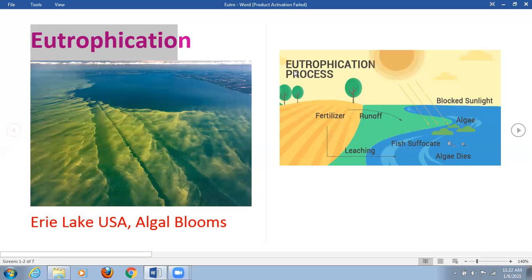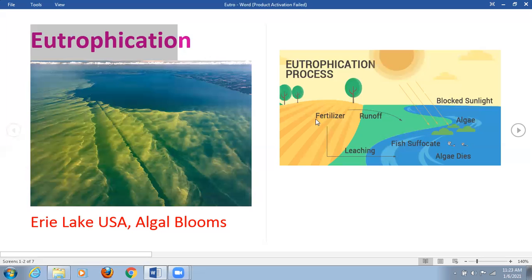Now you can see the eutrophication process in short here on the right hand side of the screen. Because of different human activities, fertilizers or sewage or industrial wastewater are discharged into the freshwater body without any treatment, remember.